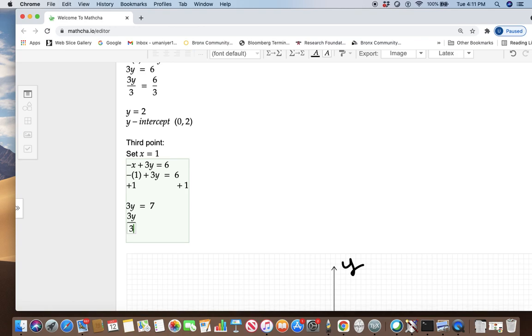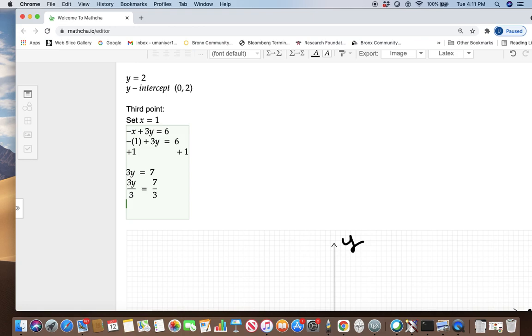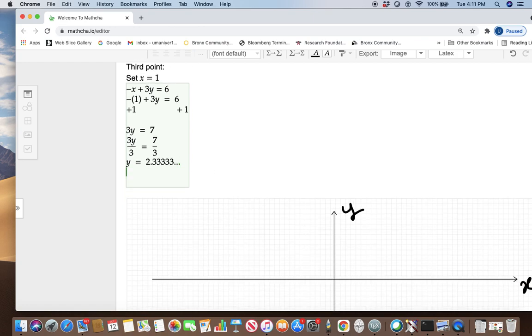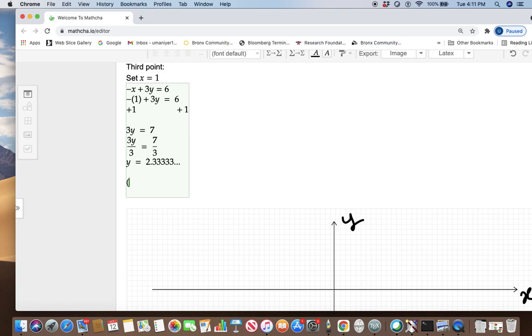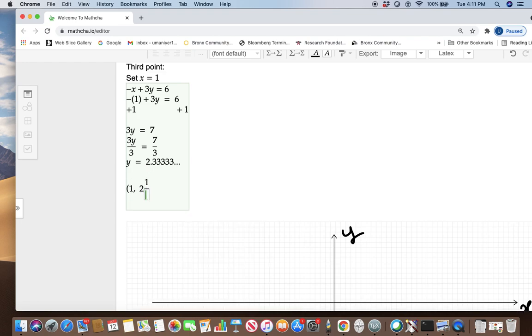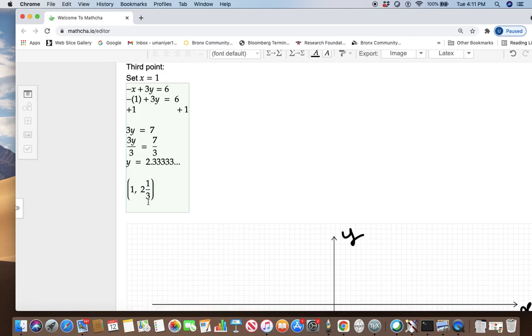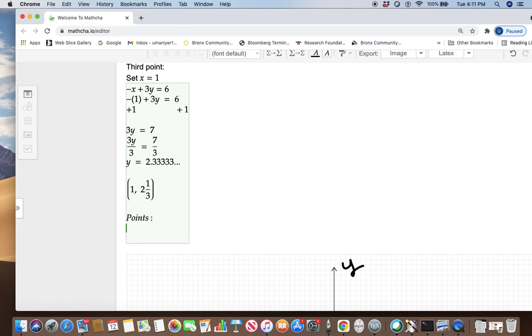Divide both sides by 3. So this is y equals 7 over 3, which is 2.3333, and so on. Okay, it is a recurring decimal. But regardless, you have a point. The third point, x coordinate is 1, y coordinate is 2 and 1/3, if you like. Mixed numbers, this is accurate. That is an approximation. So this is preferable. So you have 3 points now.